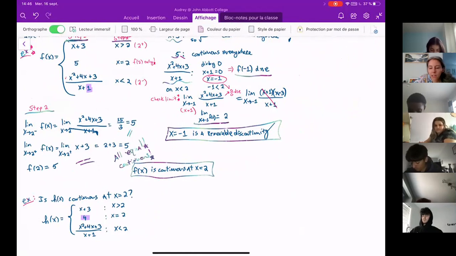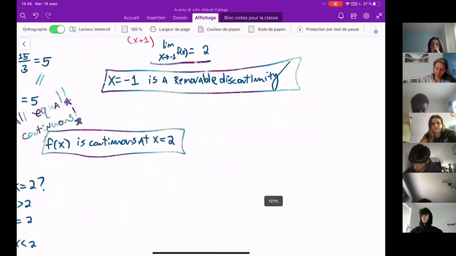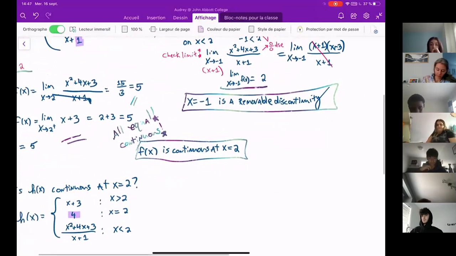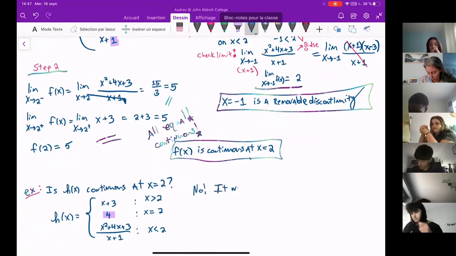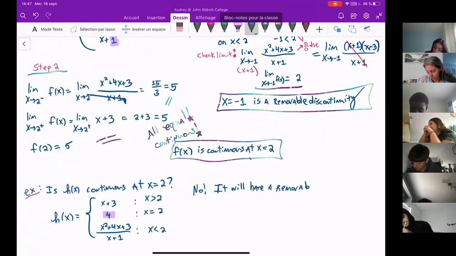Is this continuous at x equals 2? No. What kind of discontinuity will it have? You got it. It's going to have a removable discontinuity. So, no. It will have a removable discontinuity at x equals 2.